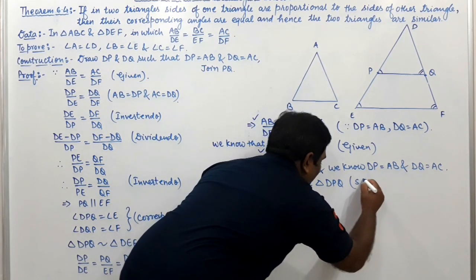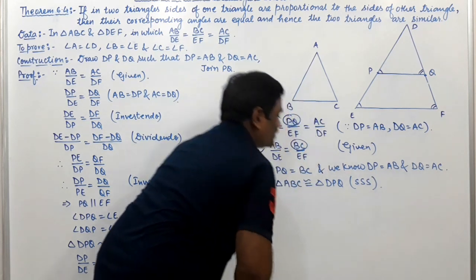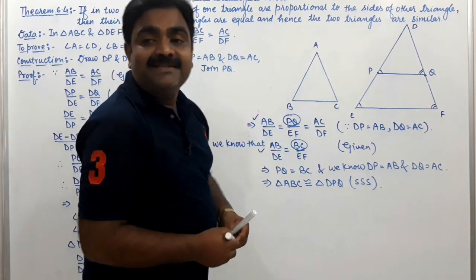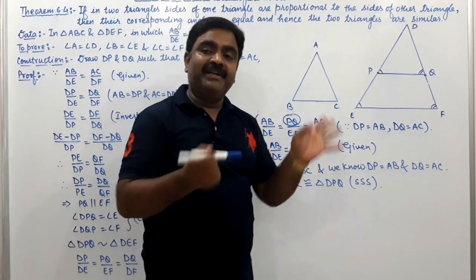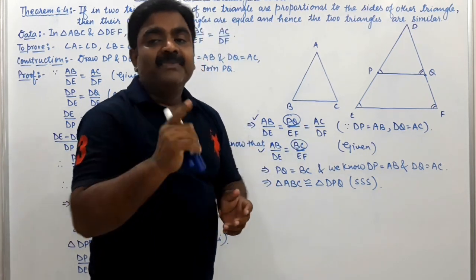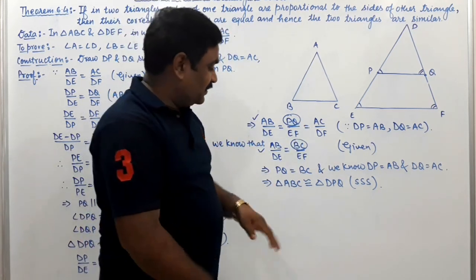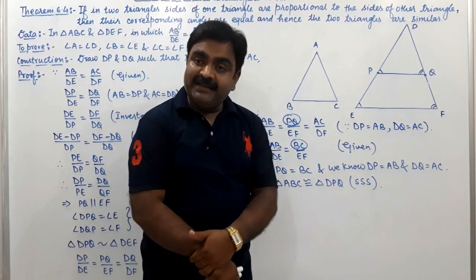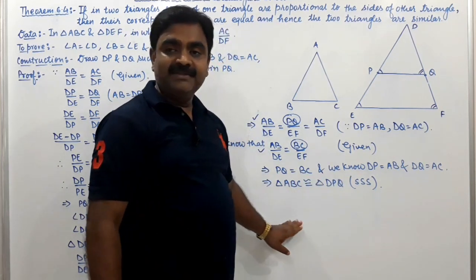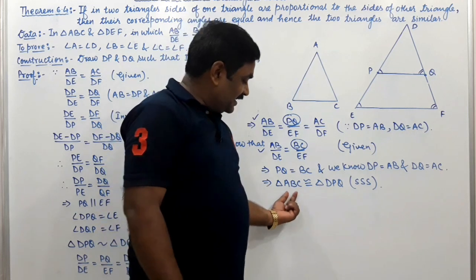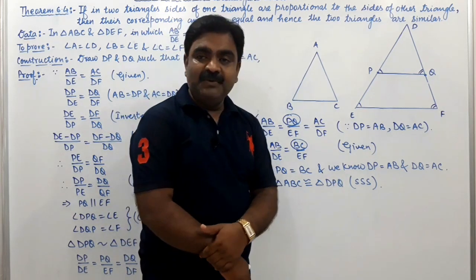Why? Because all the sides are equal. The side congruency relation you have read in class 9th. Since these two triangles are congruent, ABC is congruent to DPQ.